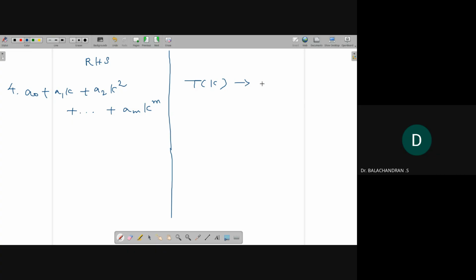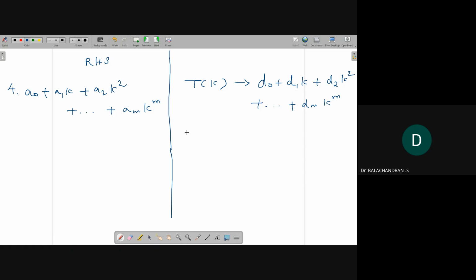you should write d naught plus d1k plus d2k square plus dot dot dot plus dm k power m.